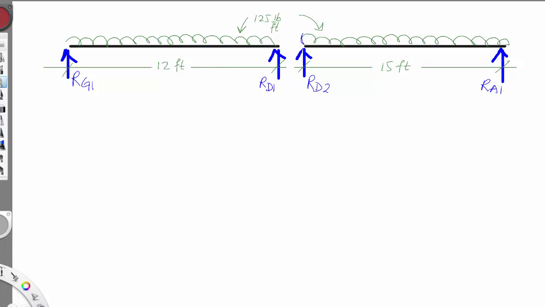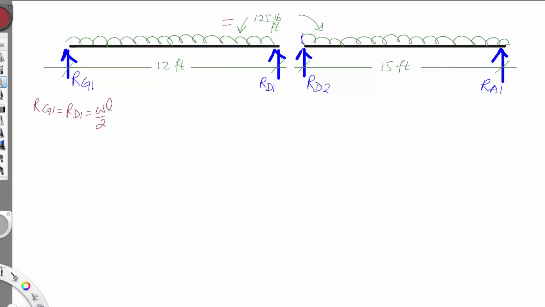So RG1 is equal to RD1 is equal to WL divided by 2.